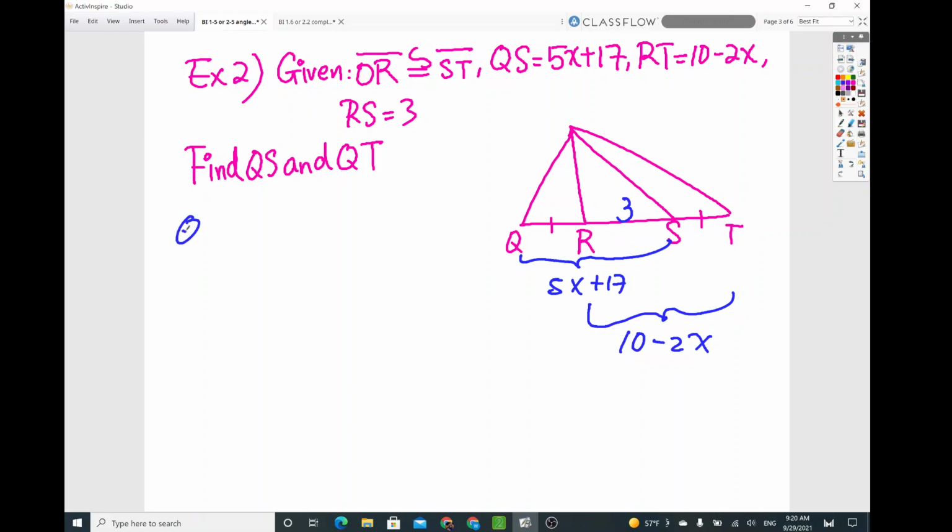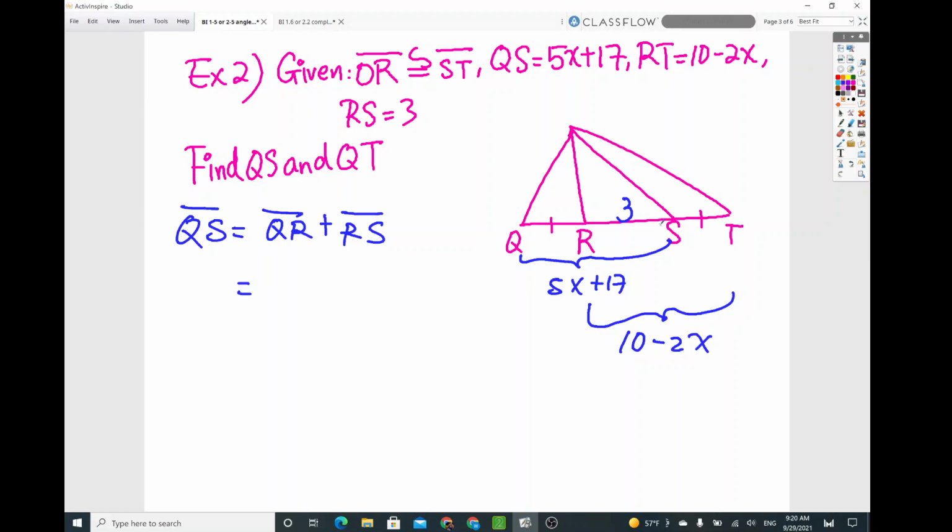Start with QS. This one considers the segment addition property. QS consists of QR and also segment RS. In order to find QR, one thing we notice is that QR and ST are congruent segments.